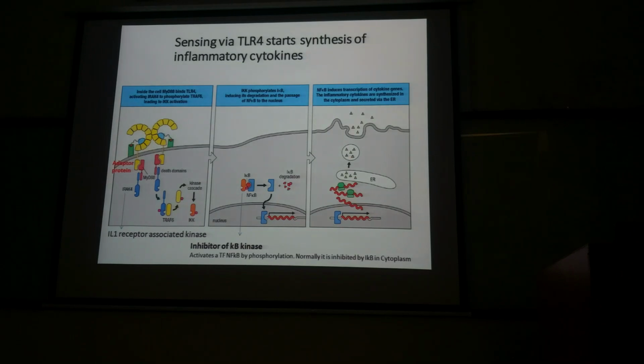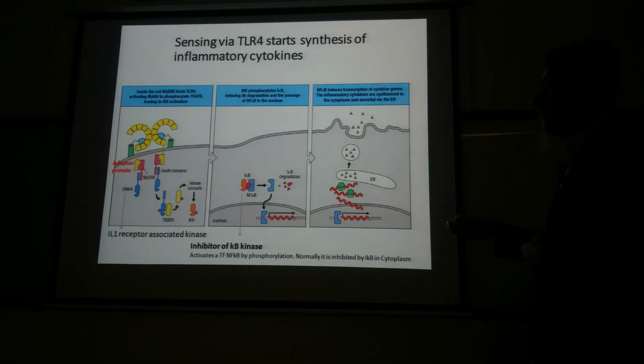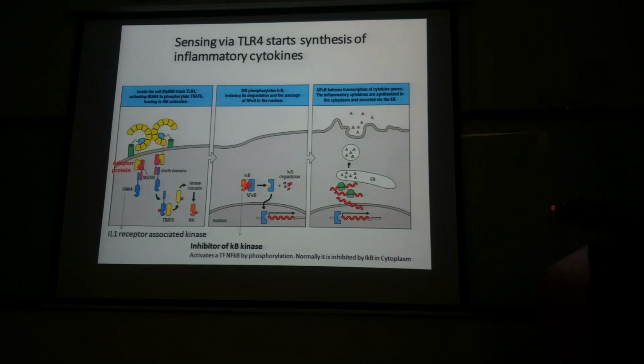NFKB is now not in free form, it is not active yet. But if you just remove this part, the orange one, it would be activated. So what is the orange one? Inhibitor of kappa B kinase.